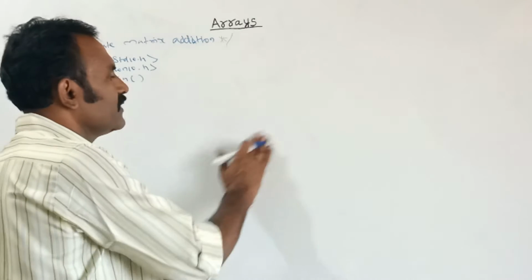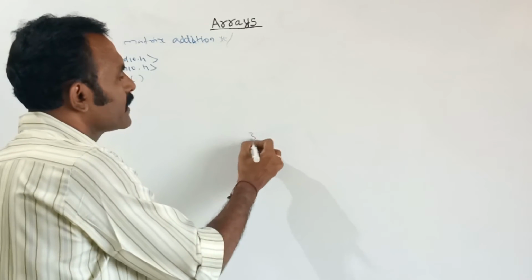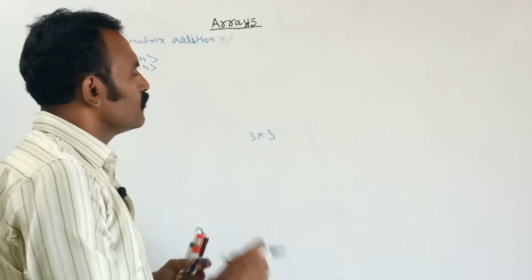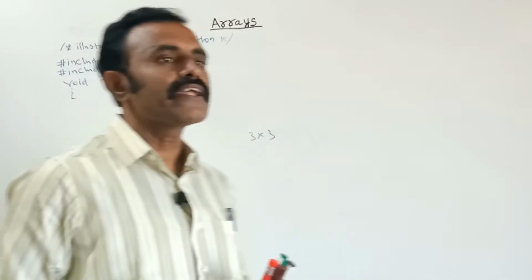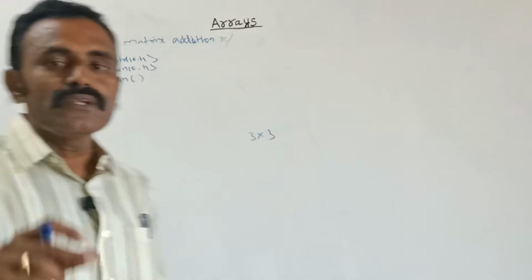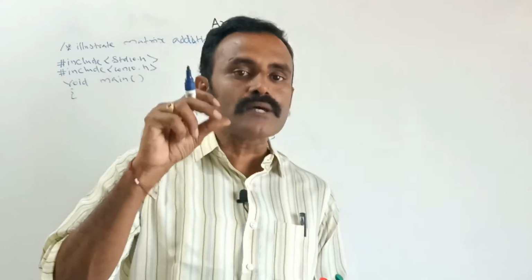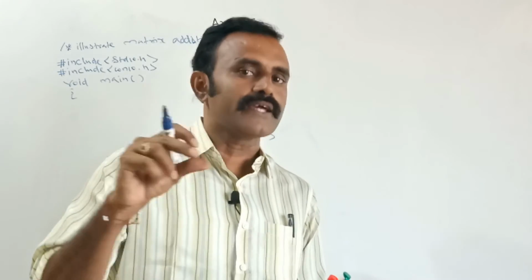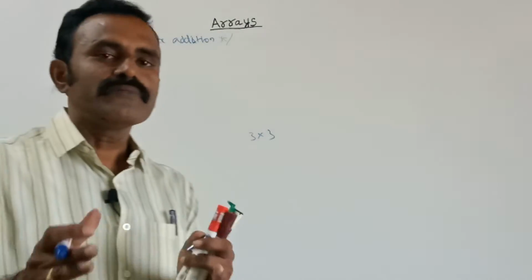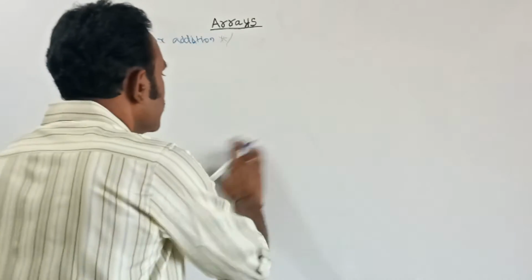Suppose I am adding 3 cross 3 matrices, then both the variables that we are declaring in the program should be given the subscript value 3 cross 3, then only we can perform the matrix addition. So here is how it works.